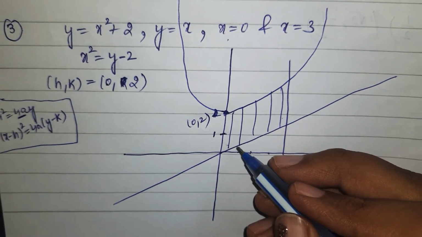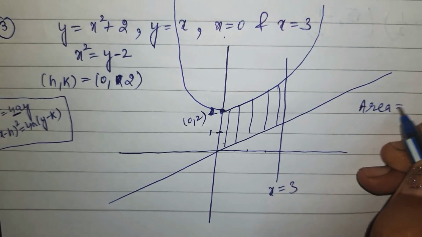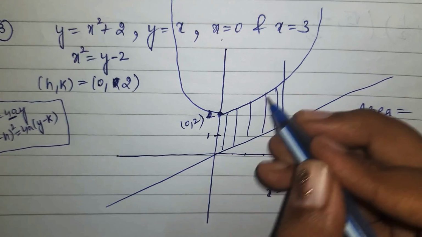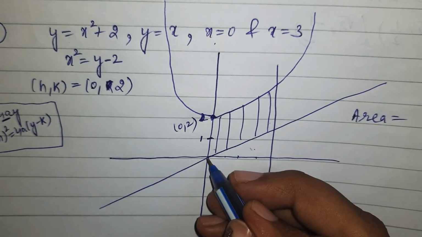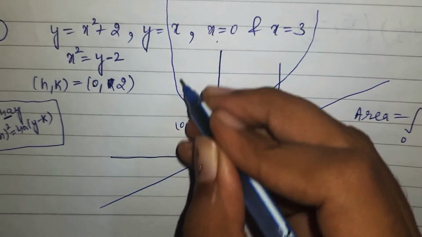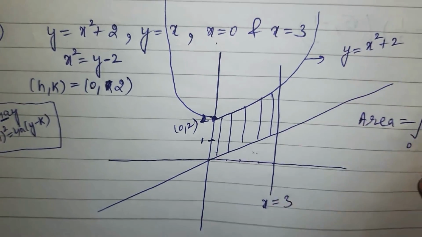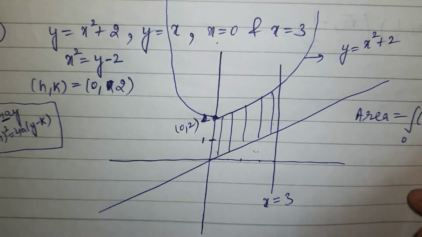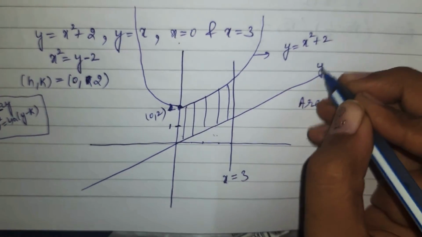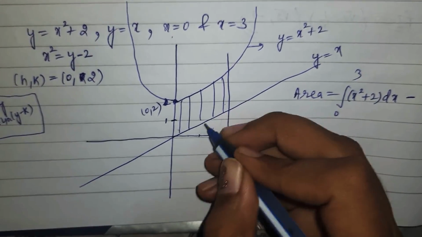For calculating this area, if we take the region bounded by the parabola, it will take this area also, with limit from 0 to 3. This curve is y is equivalent to x square plus 2, that means integral of x square plus 2 dx, minus, if I take y is equivalent to x, bounded by the x-axis, it will take this area.